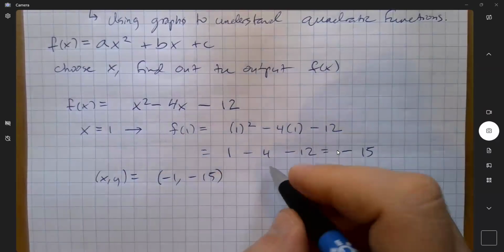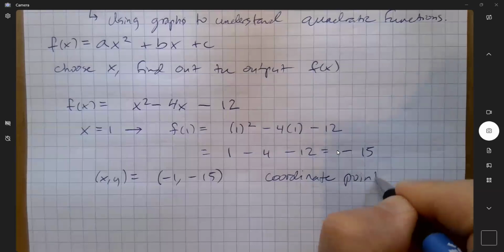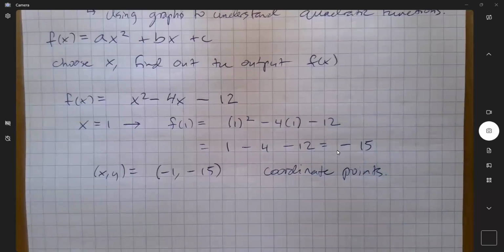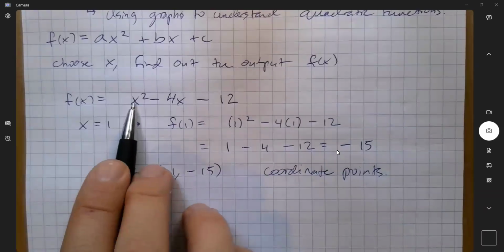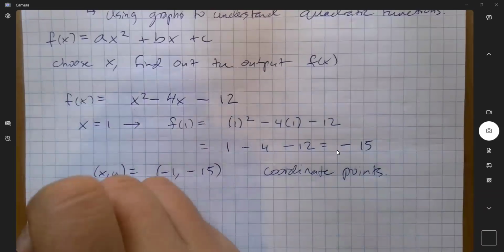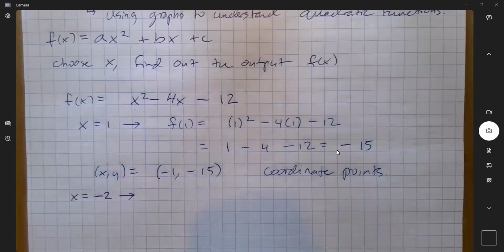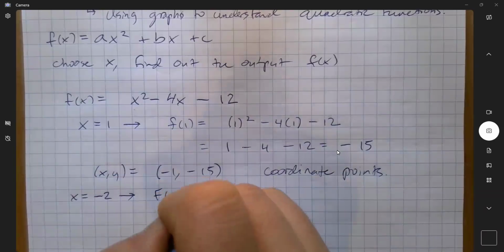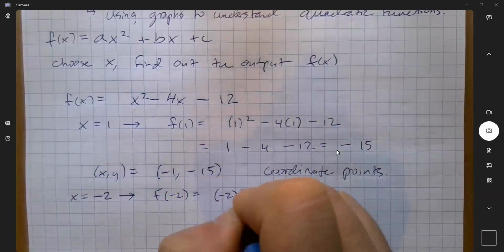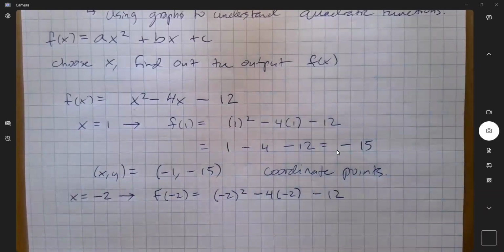And we've done something like this before. We've looked at coordinate points, but in the context of linear functions. Now we're going to be looking at coordinate points in the context of quadratic functions, which we know aren't straight lines. Let's practice another. Let's do x equals negative 2 and see what we get. So f of negative 2 is negative 2 quantity squared minus 4 times negative 2 minus 12.